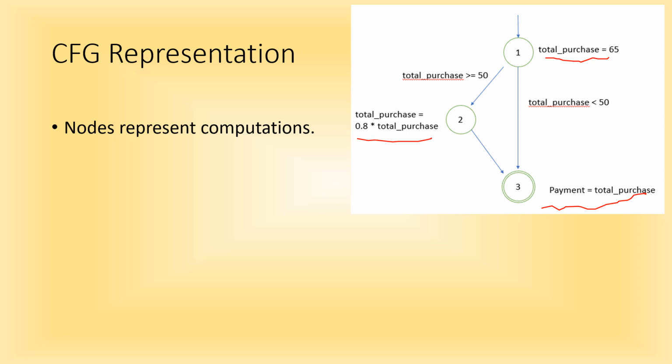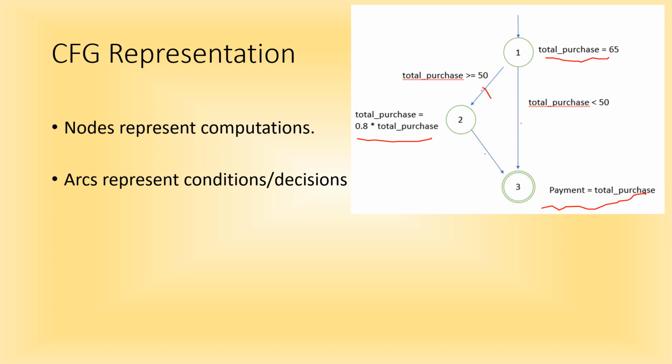So these are the three computations that are happening in this software system. But whether all three computations will take place or only some of them will take place, that is represented by arcs. The arcs in the system, like this one and this one, don't represent any computation. They only represent conditions.